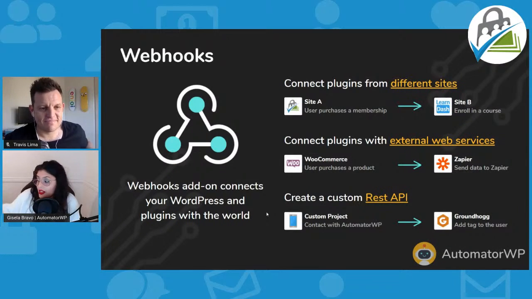We can, for example, tag that user in your CRM. So in that example we are talking about a mobile application, but what I mean is that we can connect any custom API.